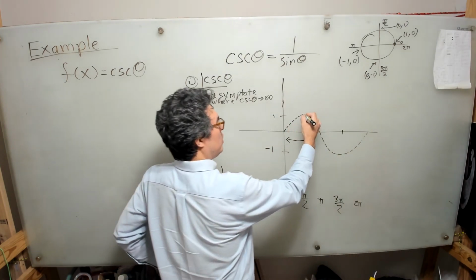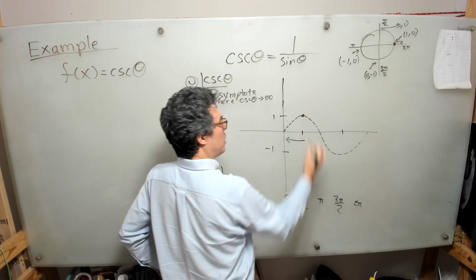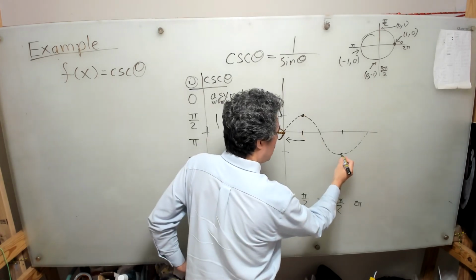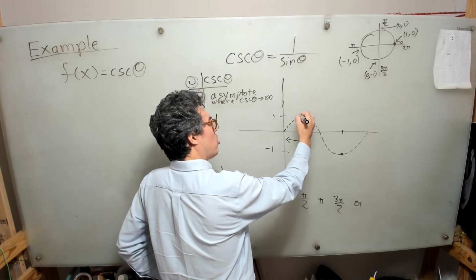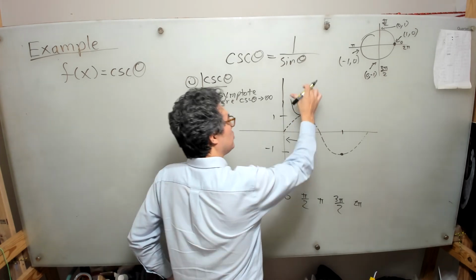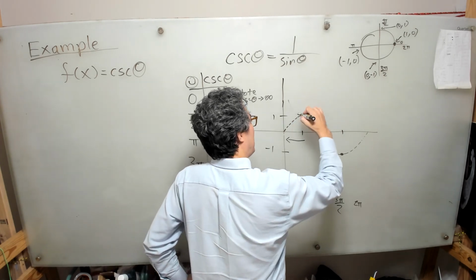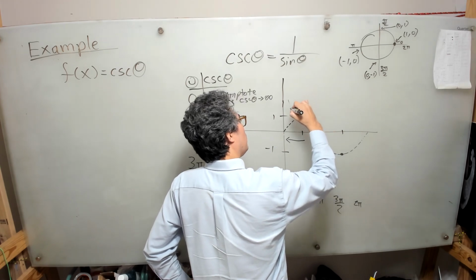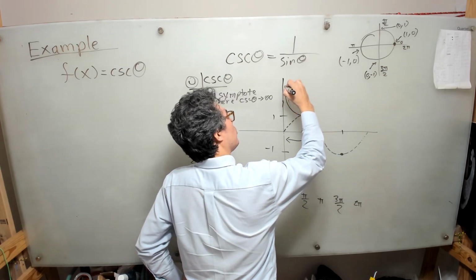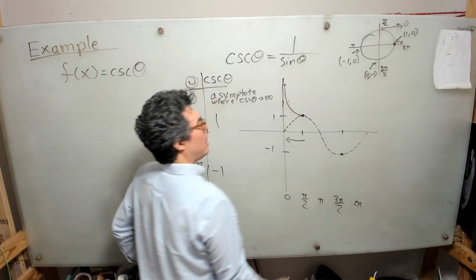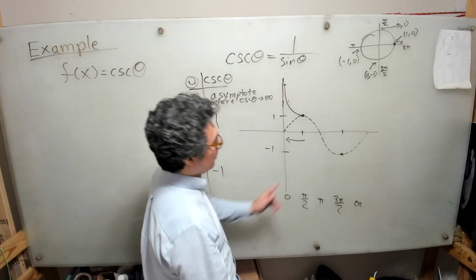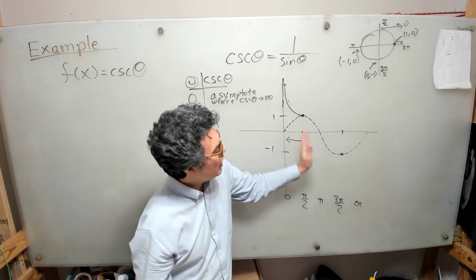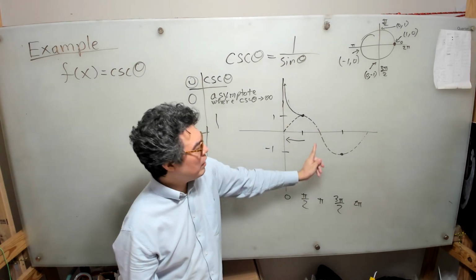And so we know that here, the cosecant graph is 1 here, negative 1 here. And what we just made the argument of was that as we go towards theta equals 0, the cosecant theta will asymptote toward positive infinity. Notice that here at pi over 2, as we're coming this way, we can make the same argument.